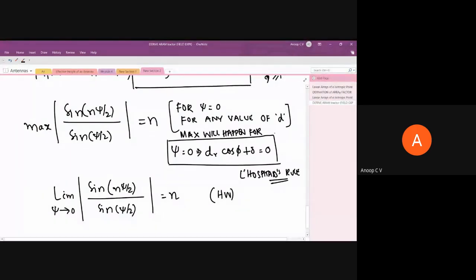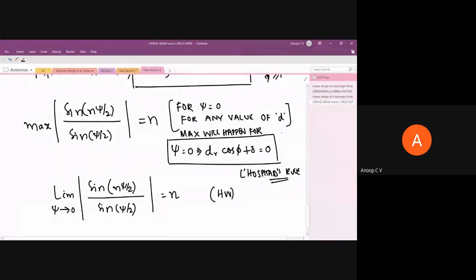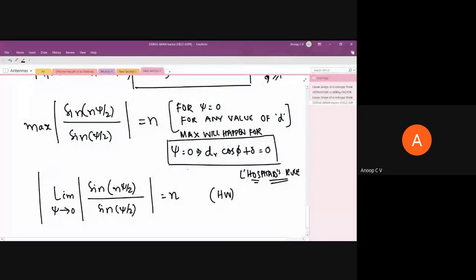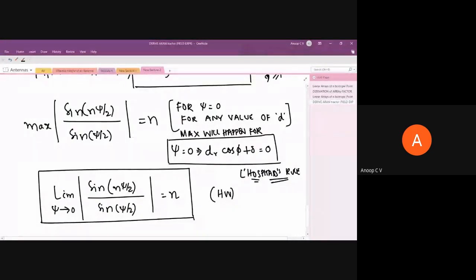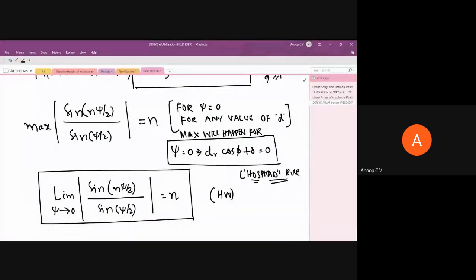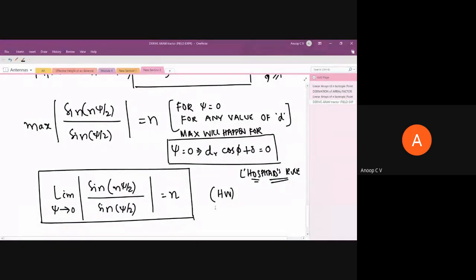You differentiate numerator and denominator with respect to psi, then apply the limit again, and you will get this. We don't have to do this; if you remember this, that would be more than sufficient.